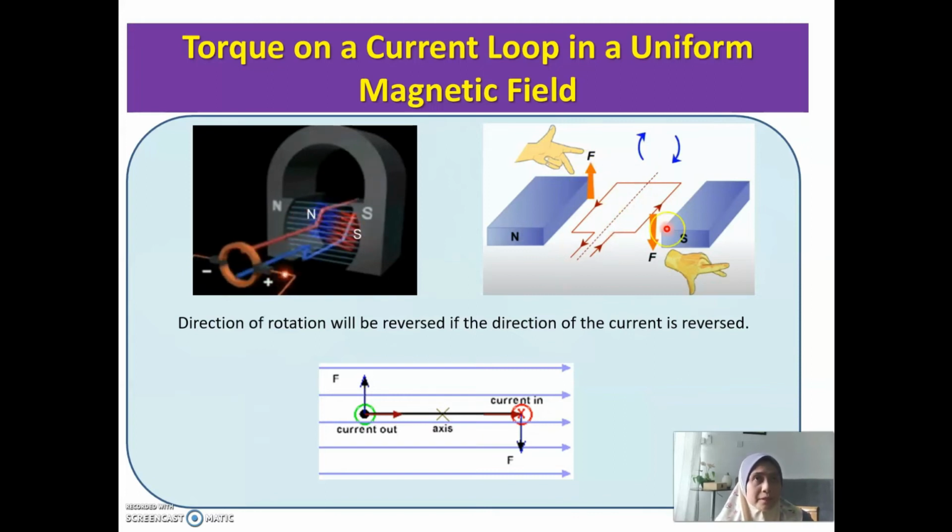Okay, tapi force pada side loop yang mana yang akan menyebabkan rotation itu berlaku? Okay, you must remember the force on the side of loop that parallel to magnetic field and also anti-parallel to the magnetic field, the force is equals to 0.